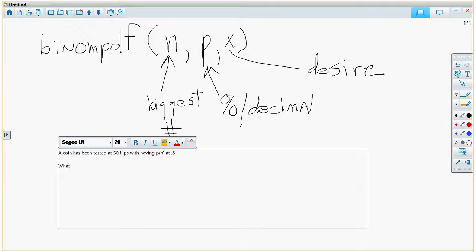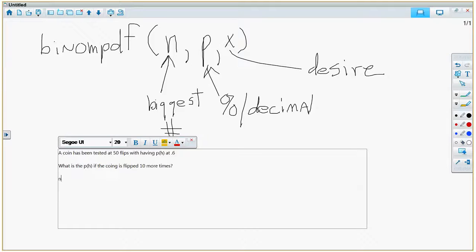What is the probability of heads if that coin is flipped 10 more times?